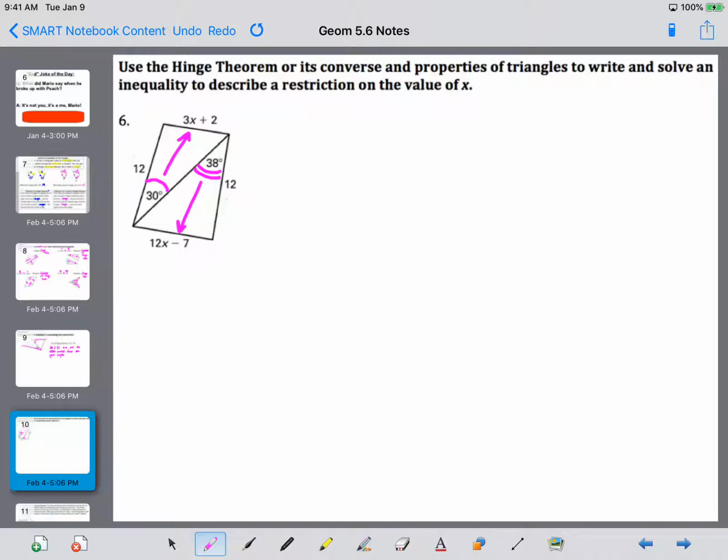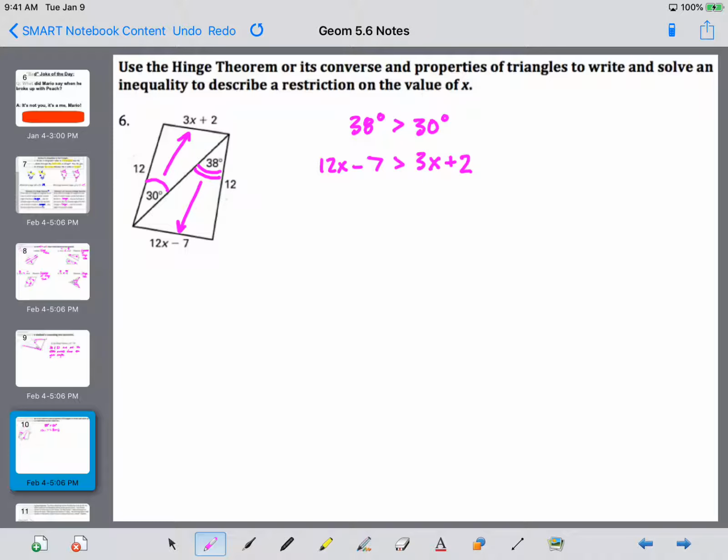So let's make an inequality with those. I know that 38 degrees is greater than 30 degrees, hopefully we agree with that. So using the hinge theorem, the side across from 38 degrees, this 12x minus 7, has to be greater than the side across from the 30 degrees, which is 3x plus 2.